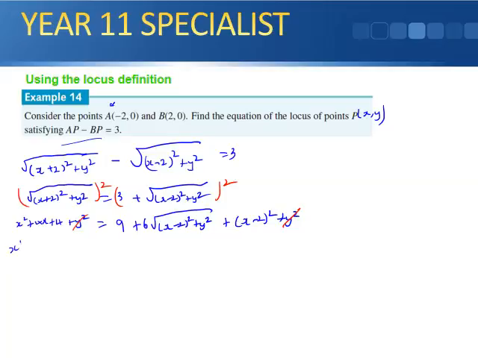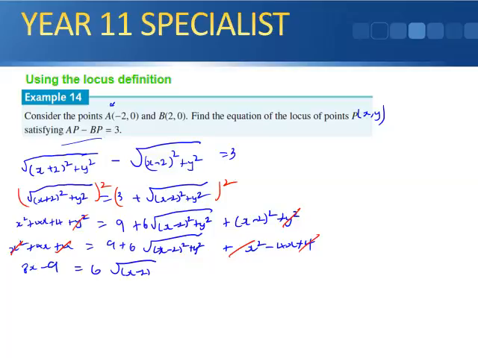This is just going to be x squared plus 4x plus 4 equals 9 plus 6 square root x minus 2 squared plus y squared plus x squared minus 4x plus 4. That will cancel, plus 4 will cancel. Bring the negative 4x on the other side, it becomes 8x. I'll bring the 9 across, it becomes that. 6 times the square root of x minus 2 squared plus y squared, all under the square root.